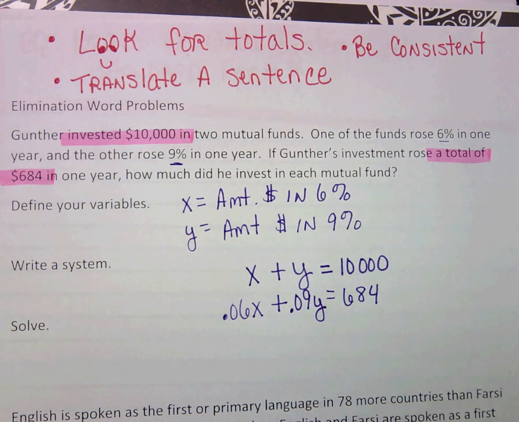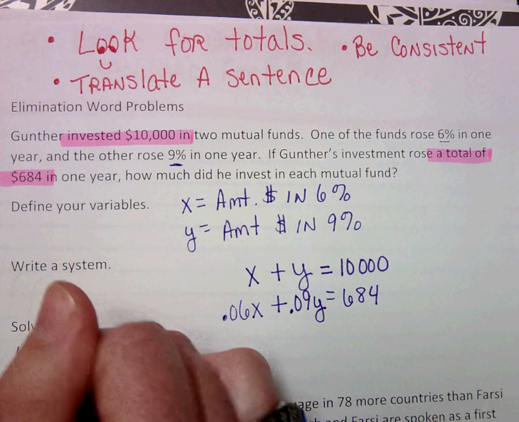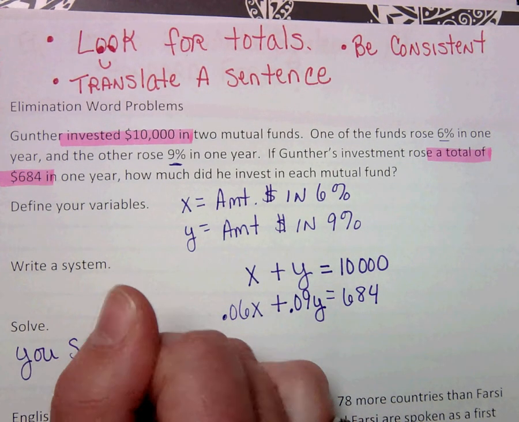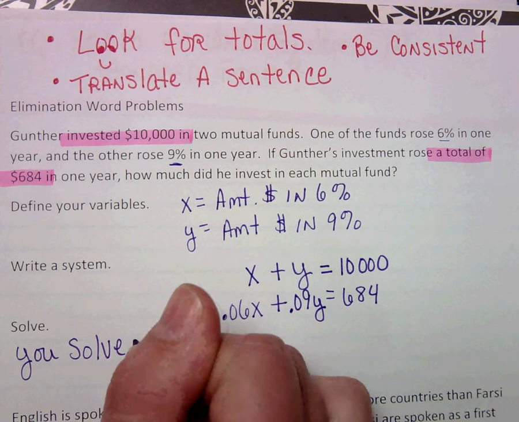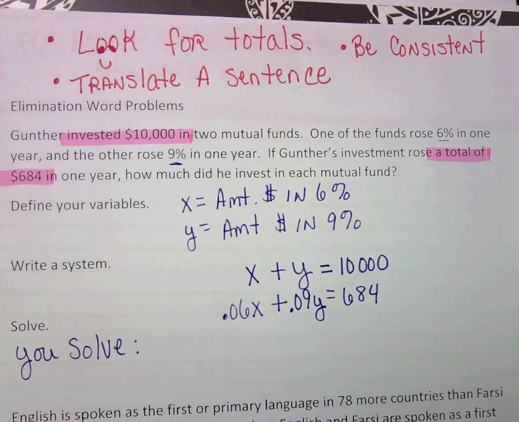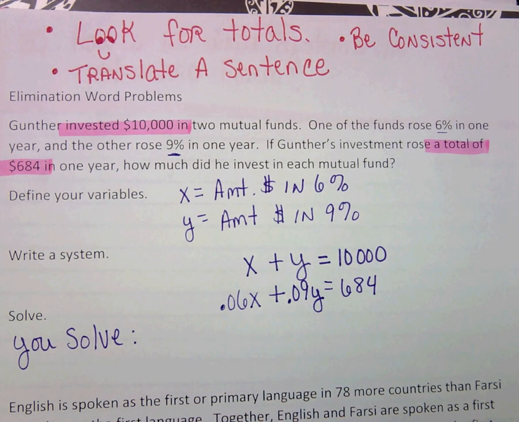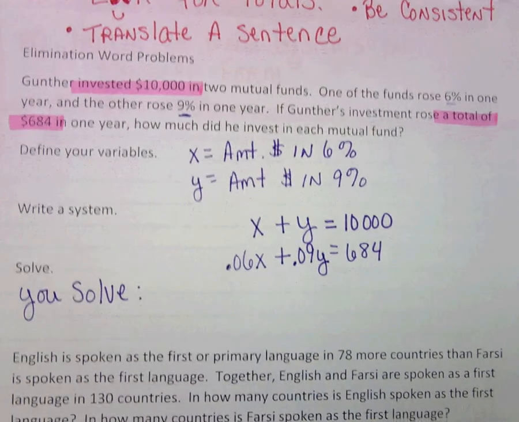So there are our two equations. Now I want you to think about how you are going to solve this. You could use the substitution method if you want, or you can use the elimination method with multiplication like we learned previously. I want you to solve that, and that will be one of the questions on your video check quiz.